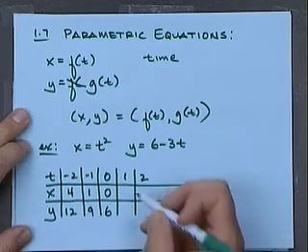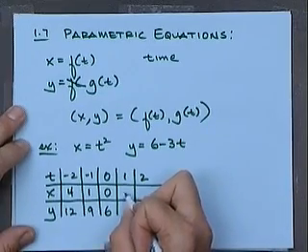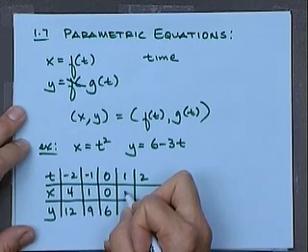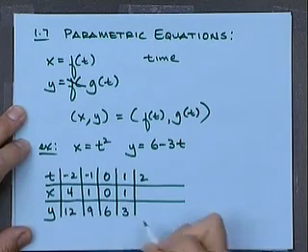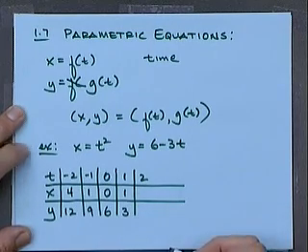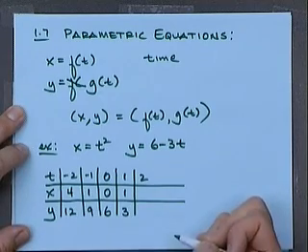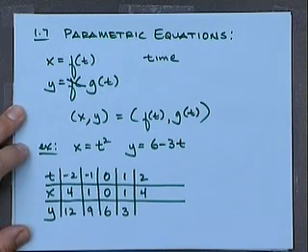We'll plot these in a moment. When t is 1, x is also 1, right? And y is 3. And our last value, just to get an idea of where this thing is in the plane: when t is 2, x is 4, and y is 0.